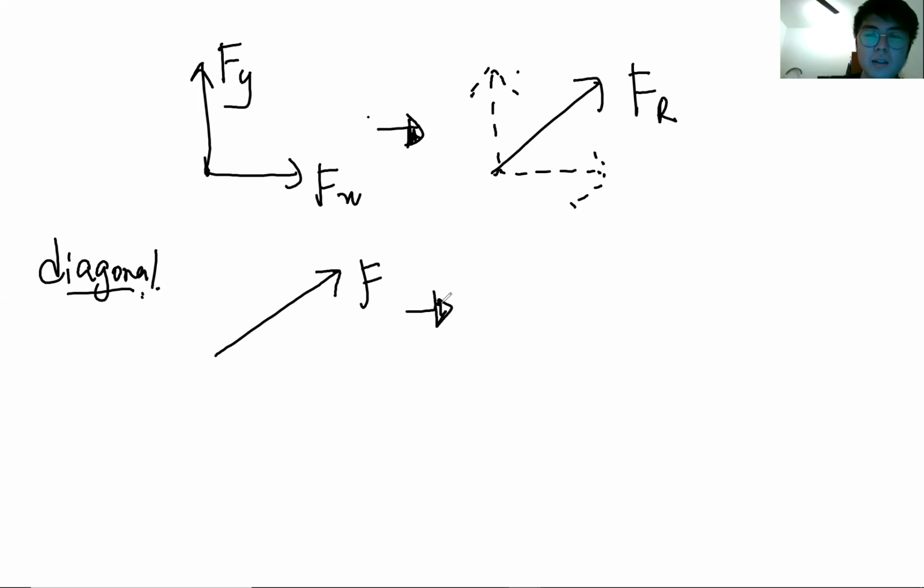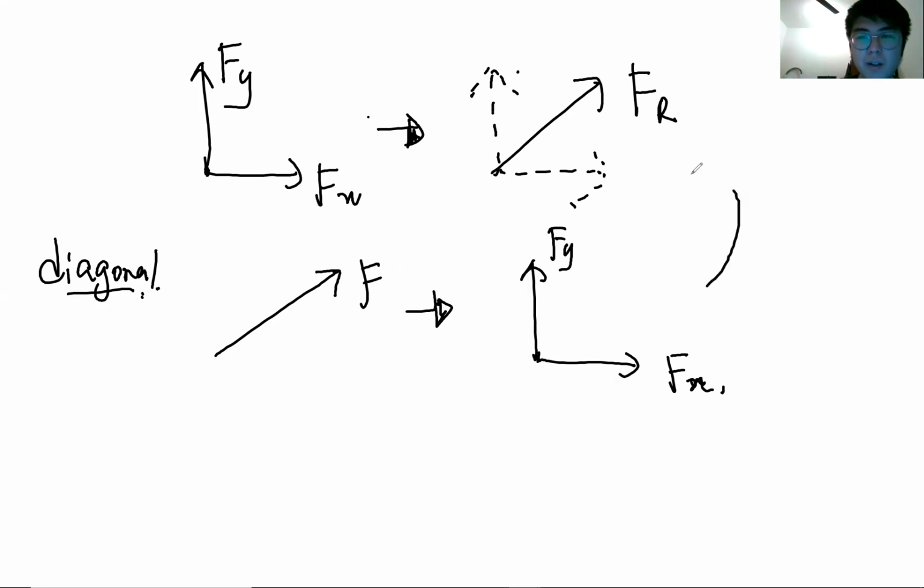So F, I can also resolve it back to Fy and Fx. Given any force, I can break it down and resolve it into the vertical and horizontal component. And this process is the reverse of the first process.